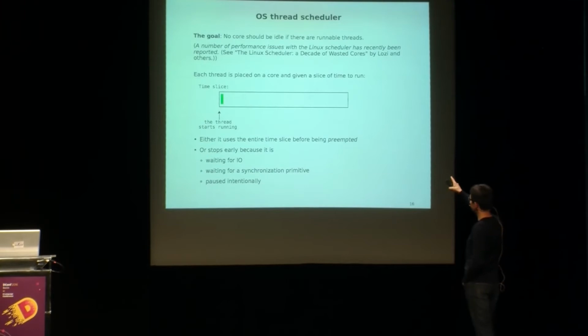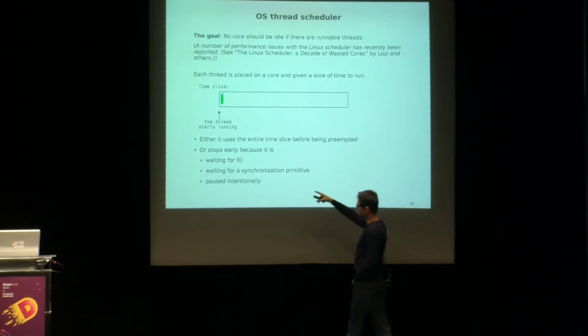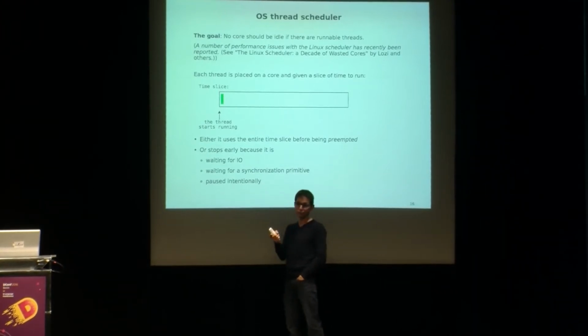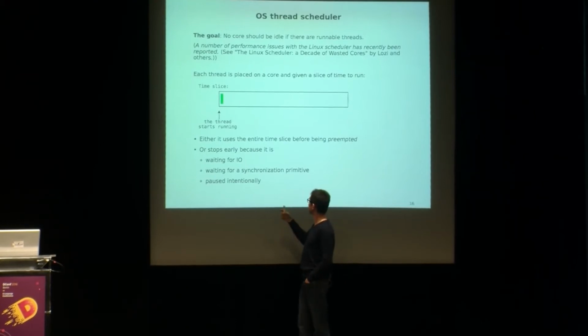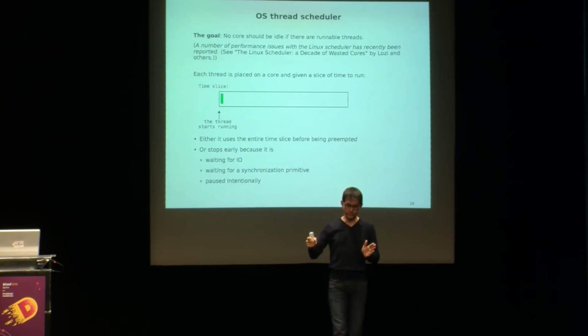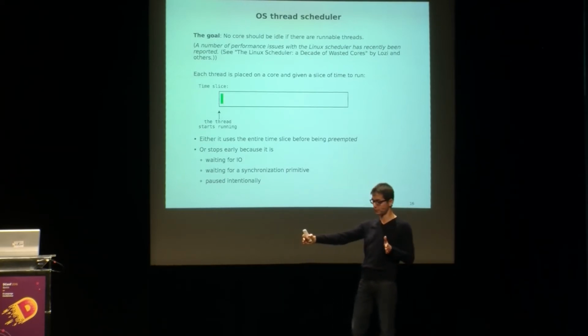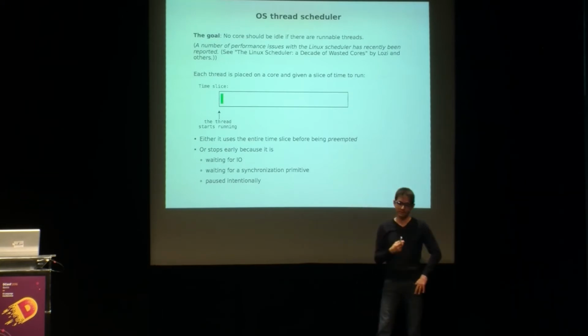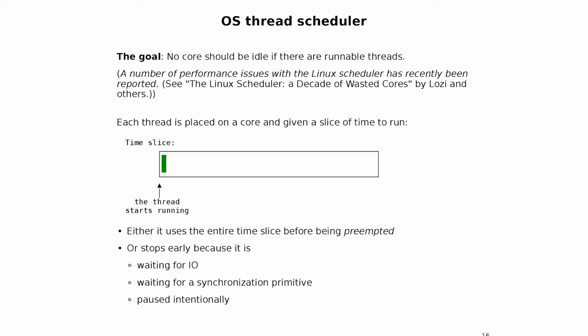It doesn't go all the way to the end, because it stops early, waiting for some input or output event, I/O, waiting for a synchronization primitive. Maybe it needs other threads to get off a critical section of the code. Or sometimes threads pause themselves intentionally, or their owner thread pauses them.